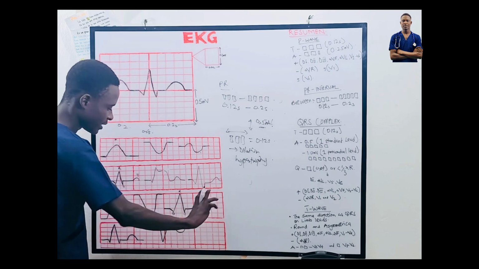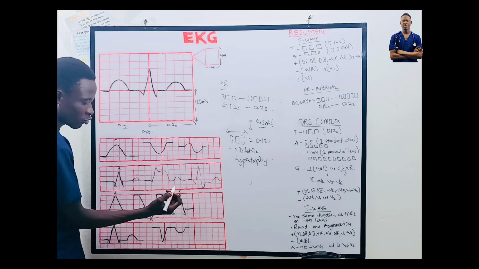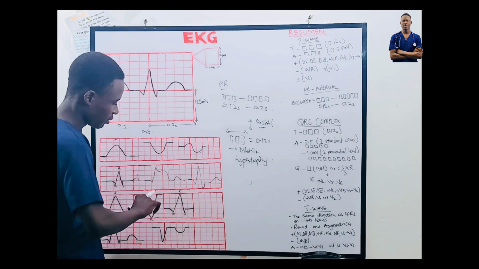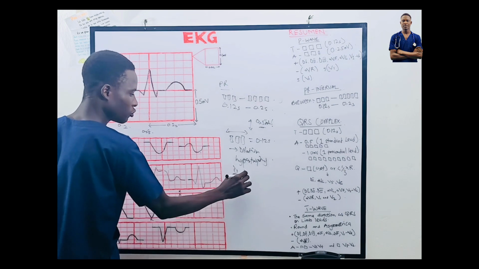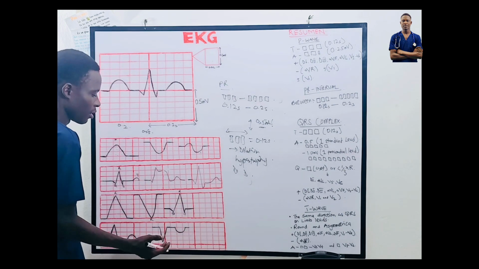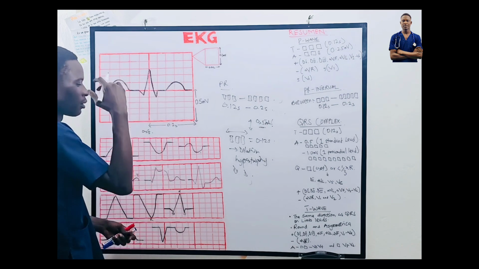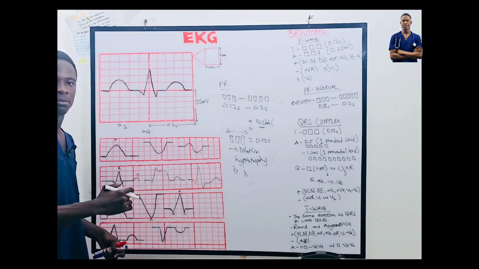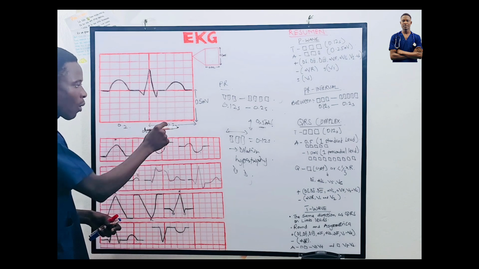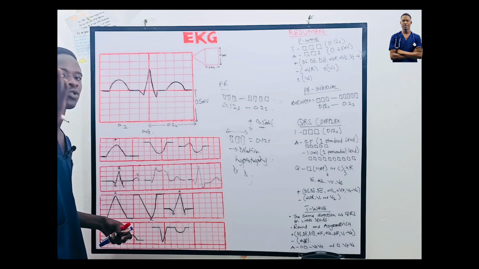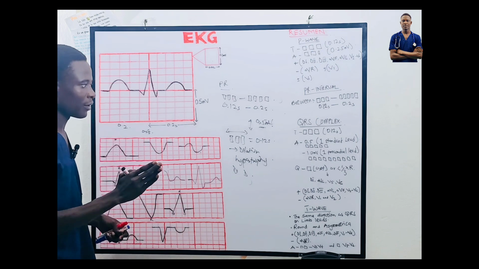So on the limb leads, for example, D1 or D2 must have at least 0.5 millivolts. That means it must have what? One big box or 5 small boxes. Are we clear with it?